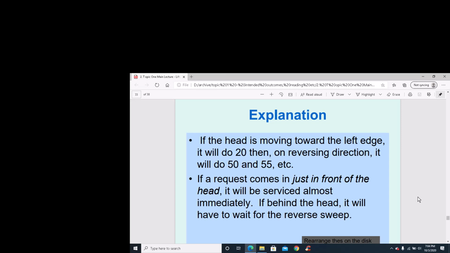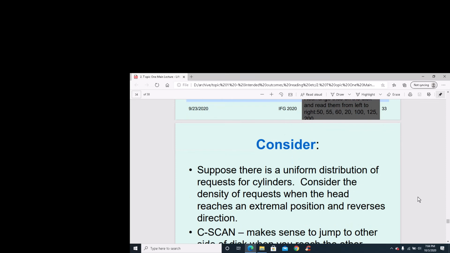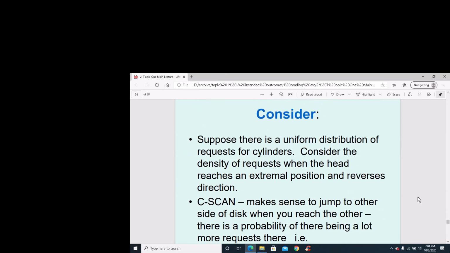If behind the head, it will have to wait for the reverse sweep. So finally, suppose there is a uniform distribution of requests for cylinders. Consider the density of requests when the head reaches an extremal position and reverses direction.